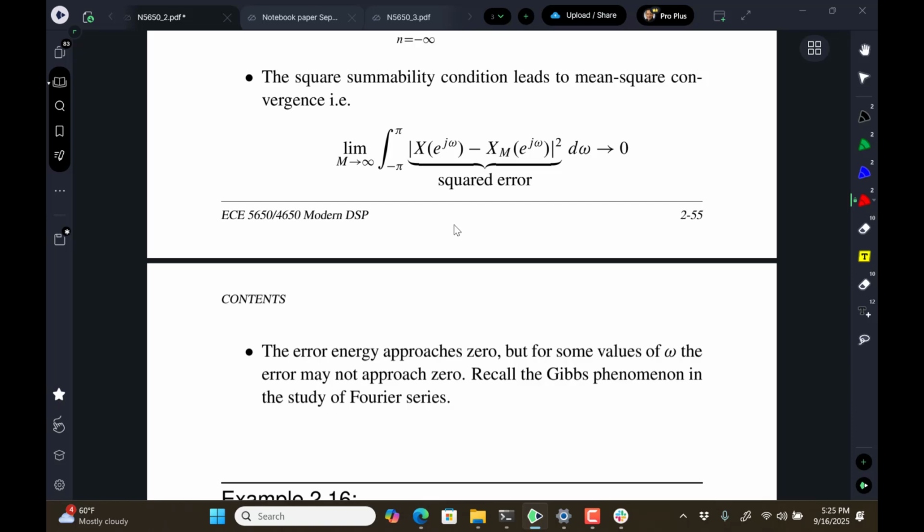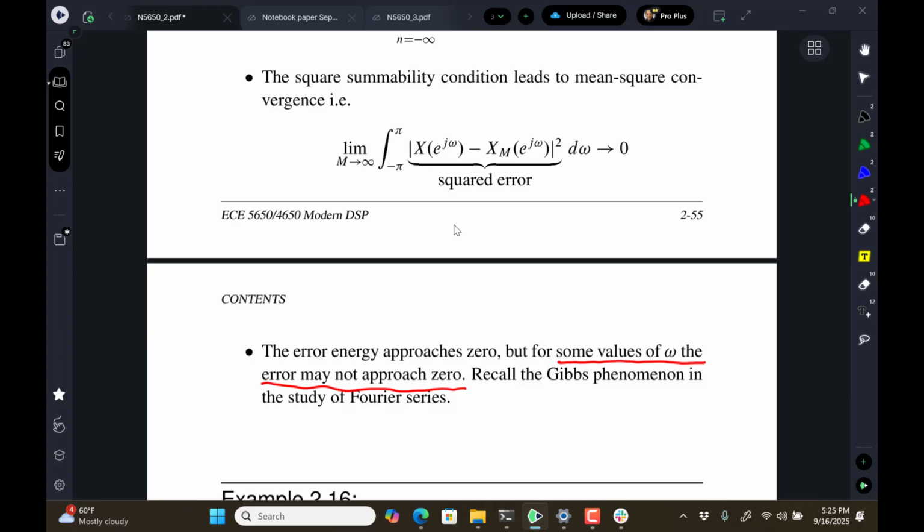It says that for some values of omega, the error may not approach 0. I'm going to show you that in the next example, so you're going to see firsthand how this can come up and bite you, and how we just have to learn to live with it and understand it.